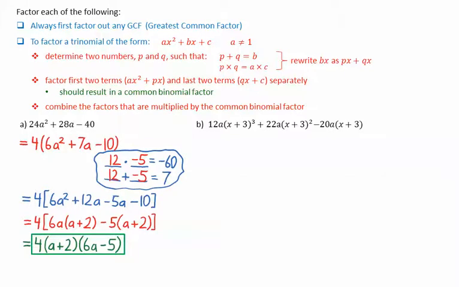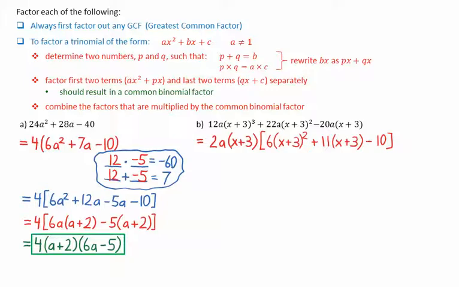For the second example here, again, we have to factor out any GCF. In this case, the GCF is 2a and x plus 3. This leaves inside the square brackets 6 times x plus 3 squared plus 11 times x plus 3 minus 10.